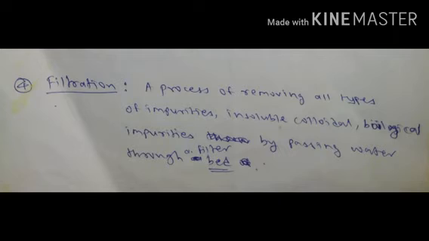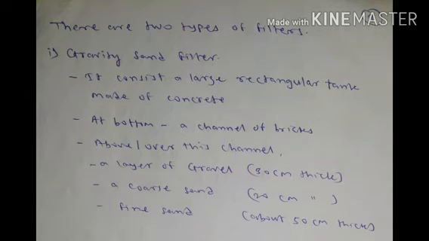Filtration is a process in which all different types of impurities like suspended, insoluble colloidal particles, and biological impurities like bacteria and germs can be filtered by passing through filter beds. That can be done in two different ways: one is called the gravity sand filter and the other is called the pressure filter.